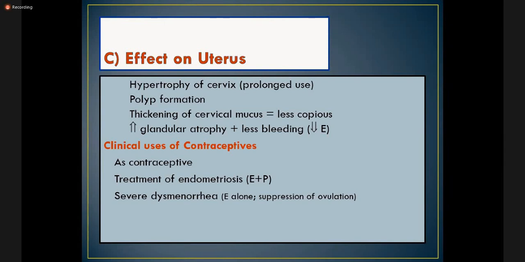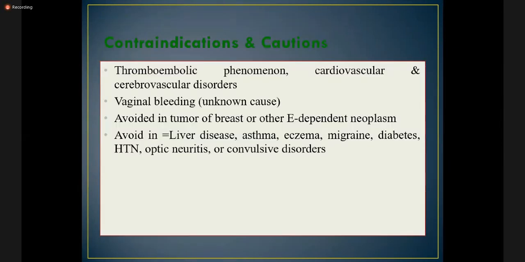Clinical uses of contraceptives: one of the main uses, which we have already discussed, is as a contraceptive, and these combination contraceptives may also be used in the treatment of endometriosis. In case of severe dysmenorrhea, estrogen alone suppresses ovulation. So if there is a case of dysmenorrhea, an estrogen-only pill can be given in that situation.